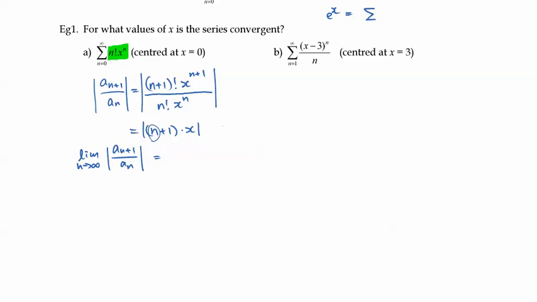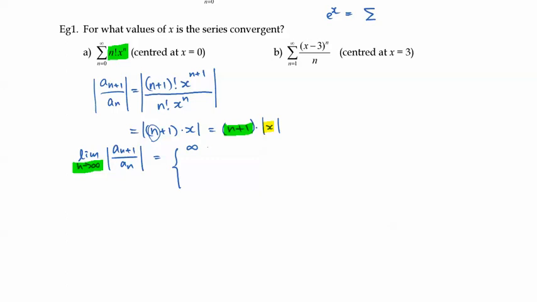So knowing how we have n plus 1 times the absolute value of x, if n tends to infinity, this approaches infinity, regardless of what value you are using for your x, you're still going to get to infinity.